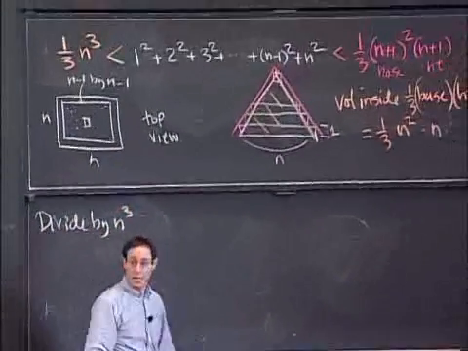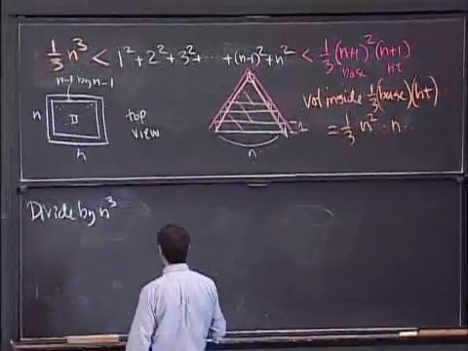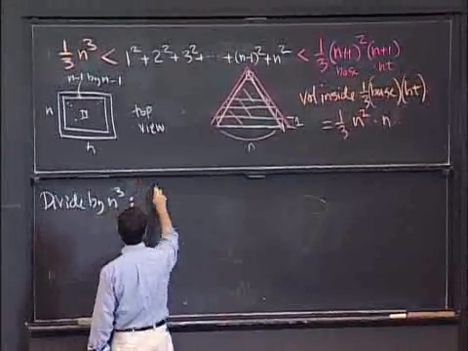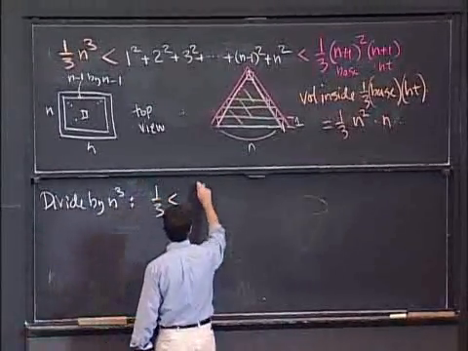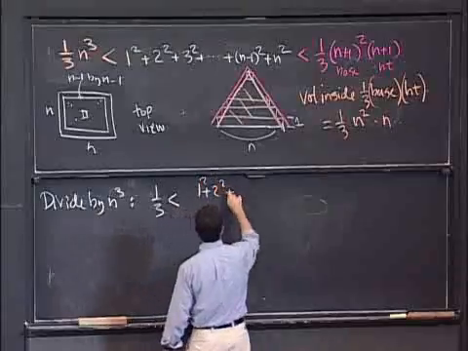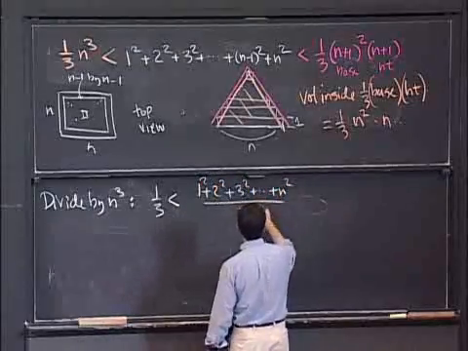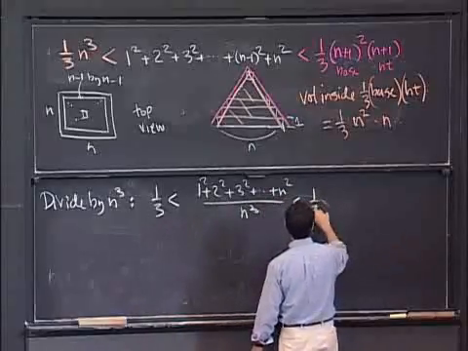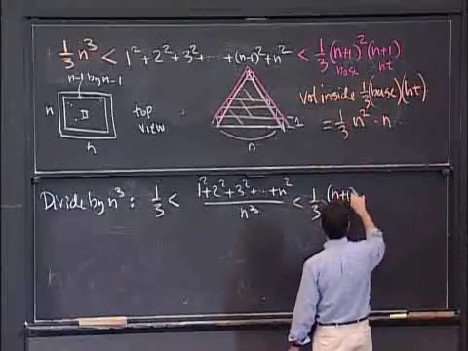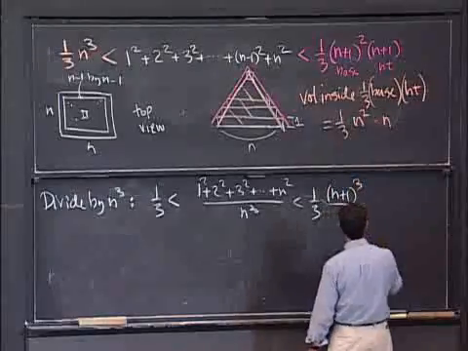in this set of inequalities there. And what I get here is a third is less than (1 squared plus 2 squared plus 3 squared plus ... plus n squared) divided by n cubed, which is less than 1/3 times (n plus 1) cubed divided by n cubed.